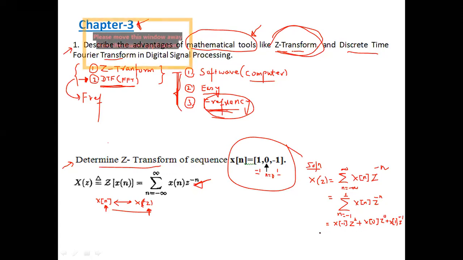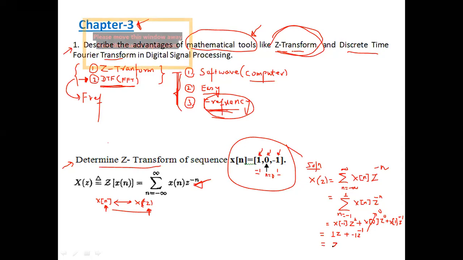Okay. Then what is x of -1 from the given? x of -1 is +1. 1 times z to the power of 1 is z, plus what is x of 0? x of 0 is 0, so this will be 0. What is x of 1? It is -1. Okay, so -1, z to the power of -1.